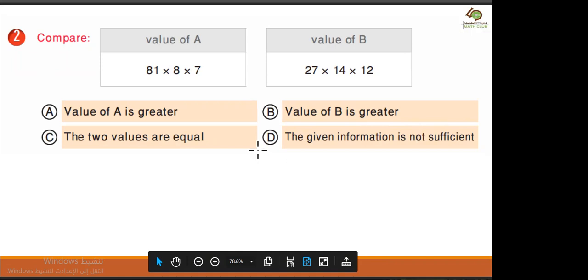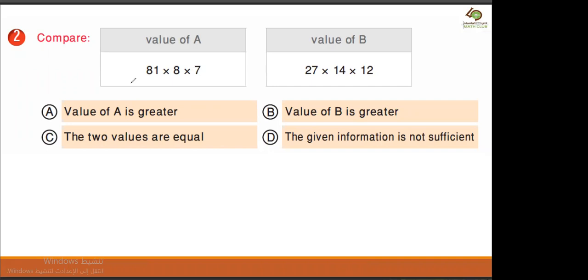Only factoring. What will I do? I write it here, 89. Yes, right, 81 is what? 9 multiplied by 9, right? What about 8? You can write it as 2 times 4, right? Only factoring to simplify the problems. And here 7, to be simple.